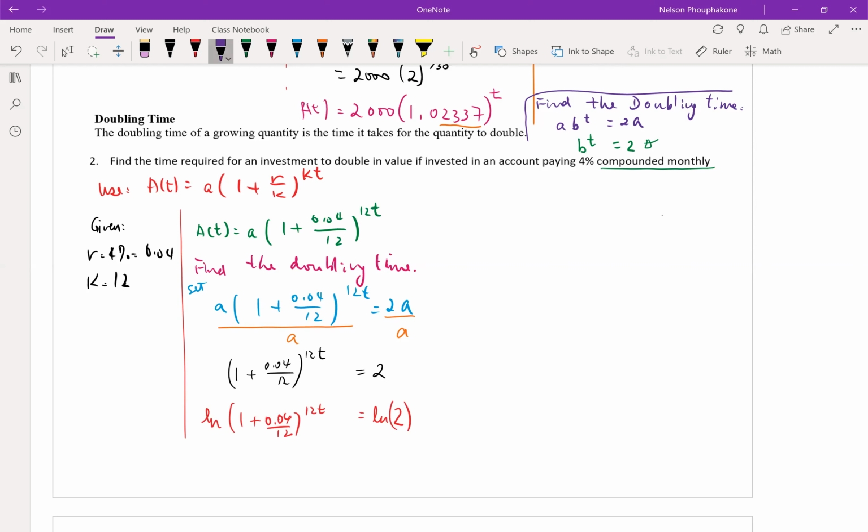Then, of course, we can bring the power down. So t is equal to natural log of 2 over 12 times natural log of (1 plus 0.04 divided by 12). And now we just use a calculator to find this answer. Let me show you how we do this on a calculator.